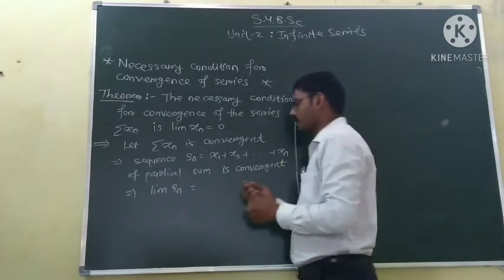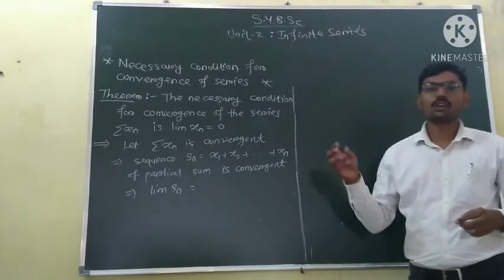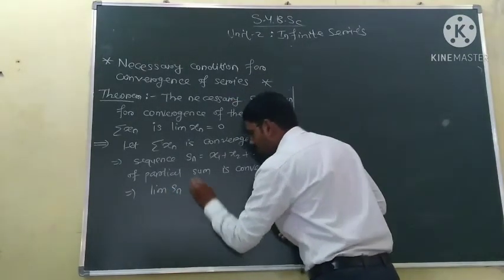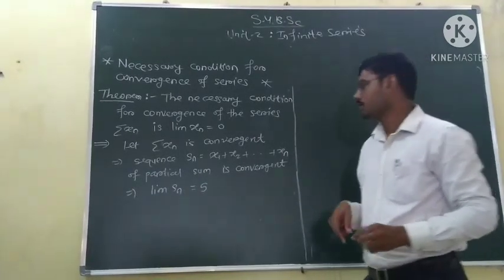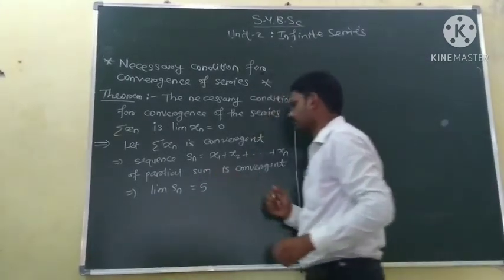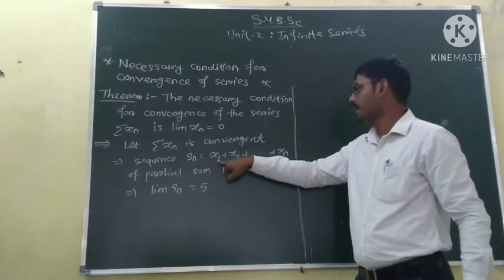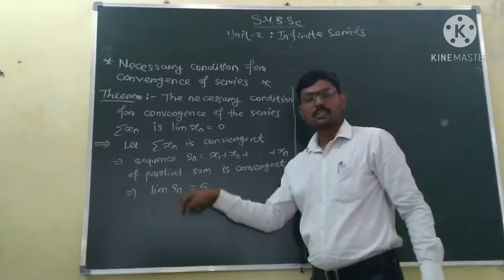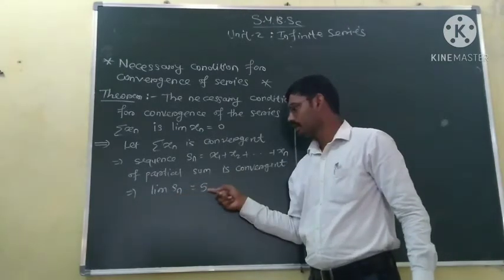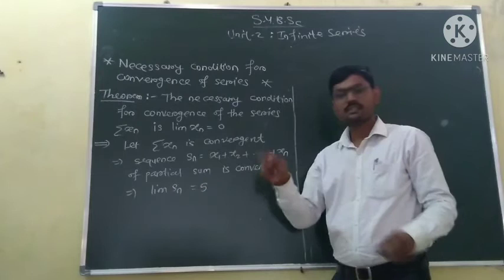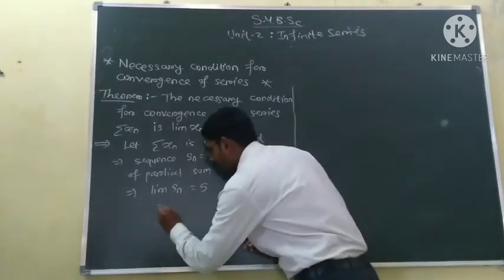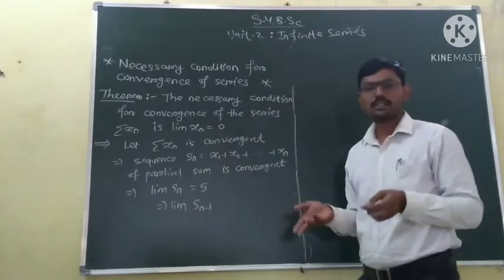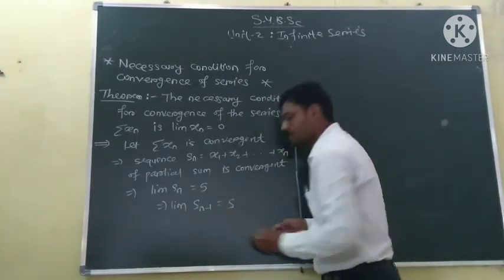So we can give a notation for the real number: the limit of Sn exists and is equal to say S. Now we have Sn equal to x1 plus x2 up to xn, and the limit of the sequence of partial sums exists and is equal to S. So the sequence Sn is convergent, so the limit of Sn minus 1 also exists and must be equal to S. Why?